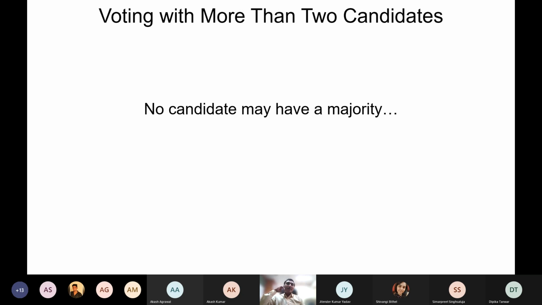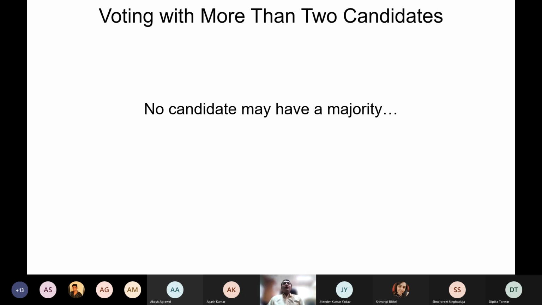Voting becomes much more interesting when you have more than 2 candidates. One of the reasons for that is no candidate may have a clear majority to begin with. We see that all the time in elections in India, that the parties often don't have a clear majority. So how do you make decisions in that case?